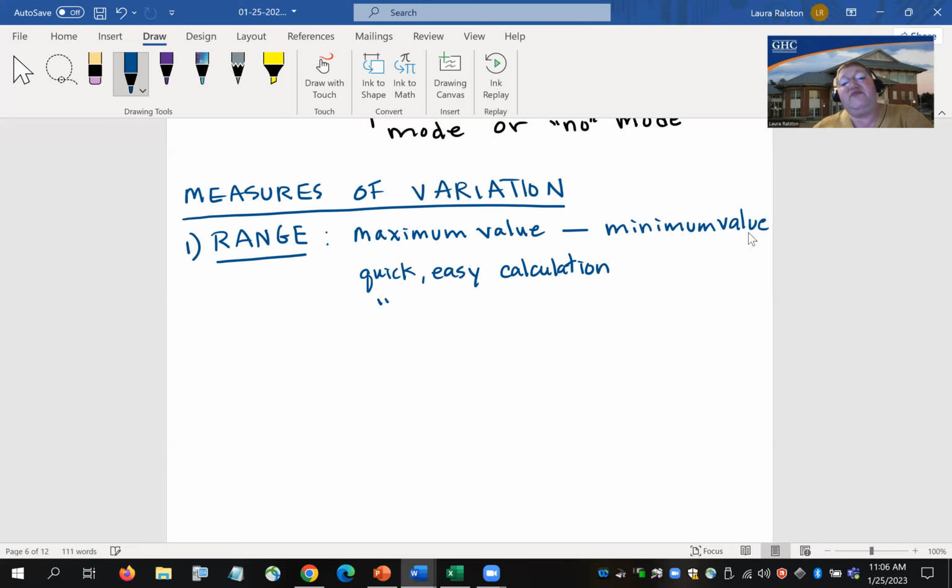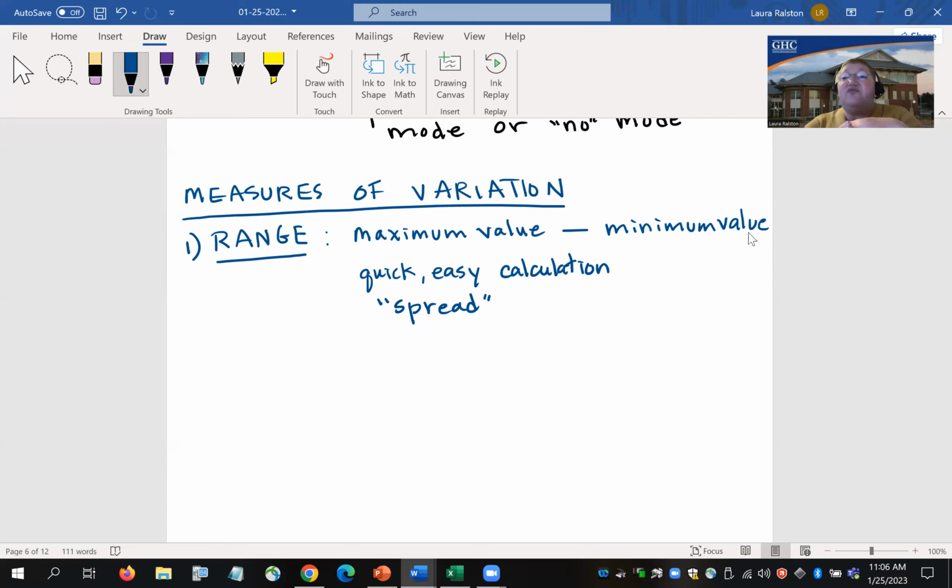Sometimes you'll hear this referred to as the spread of the data set. It's all relative, but if the range is a reasonably small number, say like 5, then that gives me the sense that there is little variation within the data values.